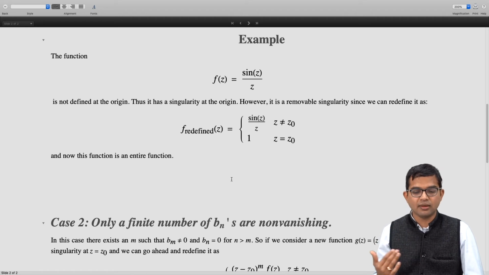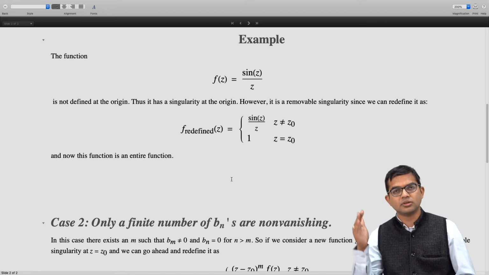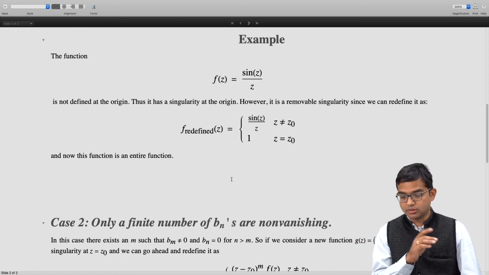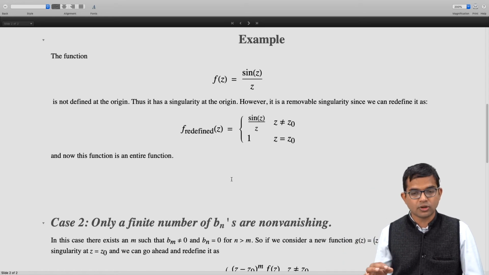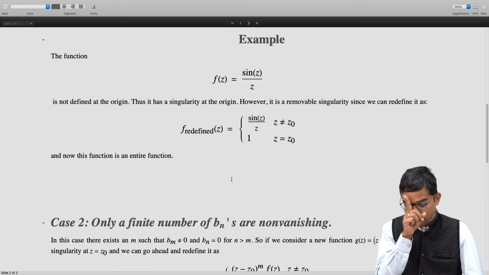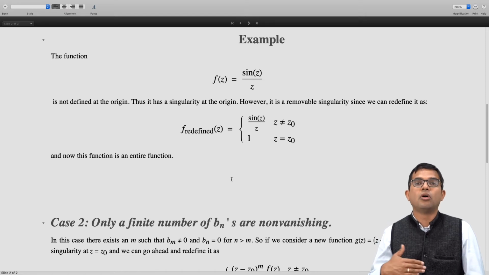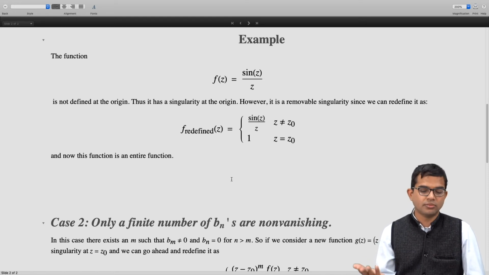So there exists an m such that Bm is not equal to 0. You don't have to have Bn non-zero all the way up to m. You find some particular m whose Bm is not equal to 0, but you must have the condition that Bn is equal to 0 for all n greater than m. All higher order coefficients for sure are 0; lower order coefficients, some of them may exist, some of them may not exist.